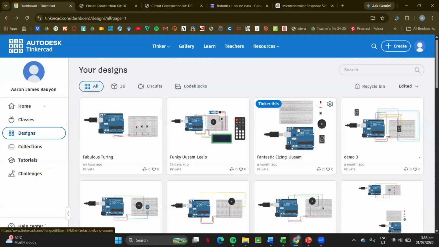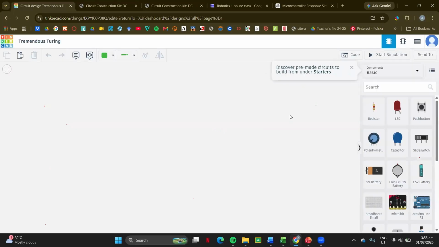So I'm going to show you how it works because your next hands-on activity is you're going to follow breadboard diagrams and build simple circuits involving buttons, LEDs, and buzzers, so that we can apply what we learned on how to connect things using a breadboard. I'll show you how to create circuits and at the same time demonstrate how to do circuits.